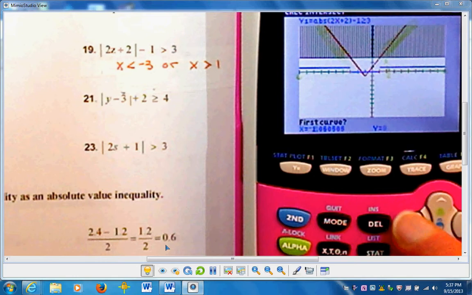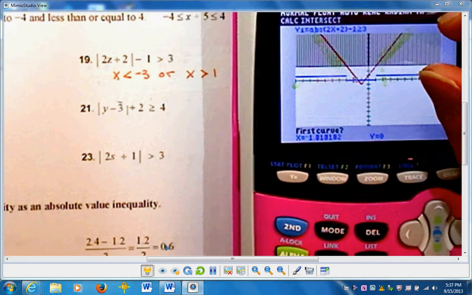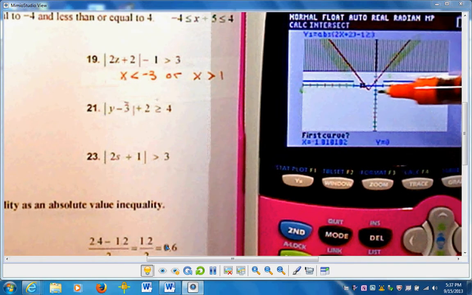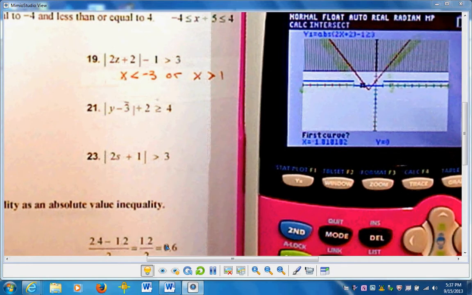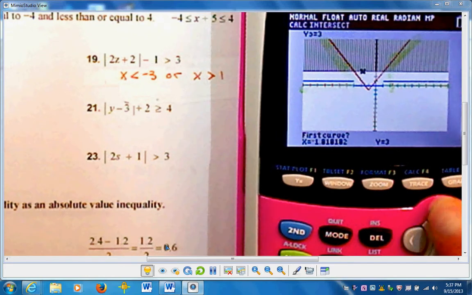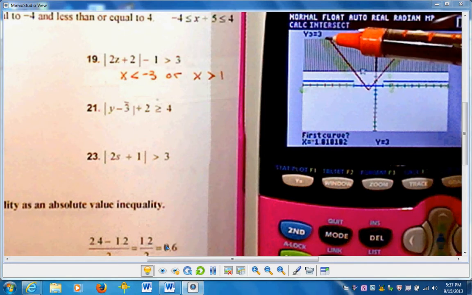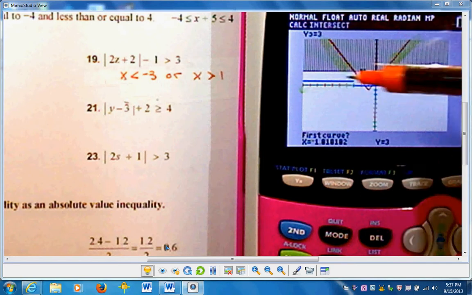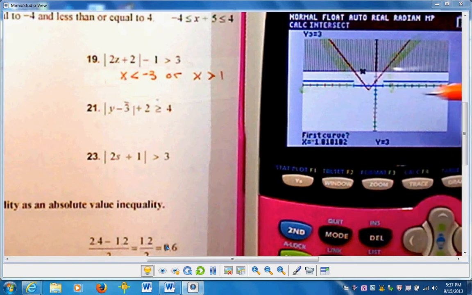I'm going to move over, oh, this is a good lesson. So notice where I am right now. I'm on this y1, which is down here. I want to be on the absolute value. So I'm going to move my arrow up. Notice that I'm on y3, so now I'm here, which is good because I want the intersection between y is 3 and this absolute value.